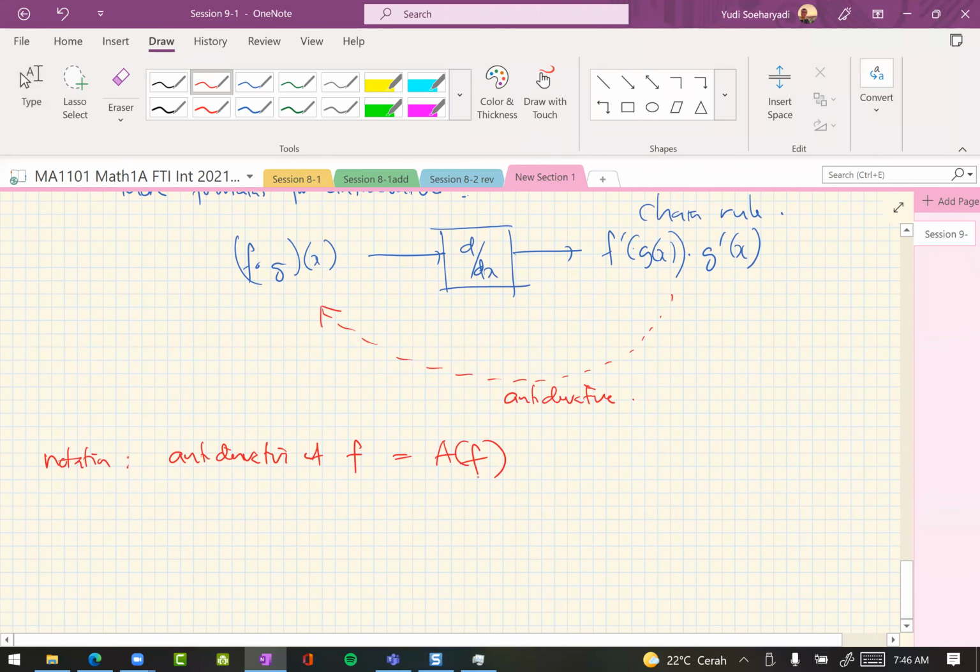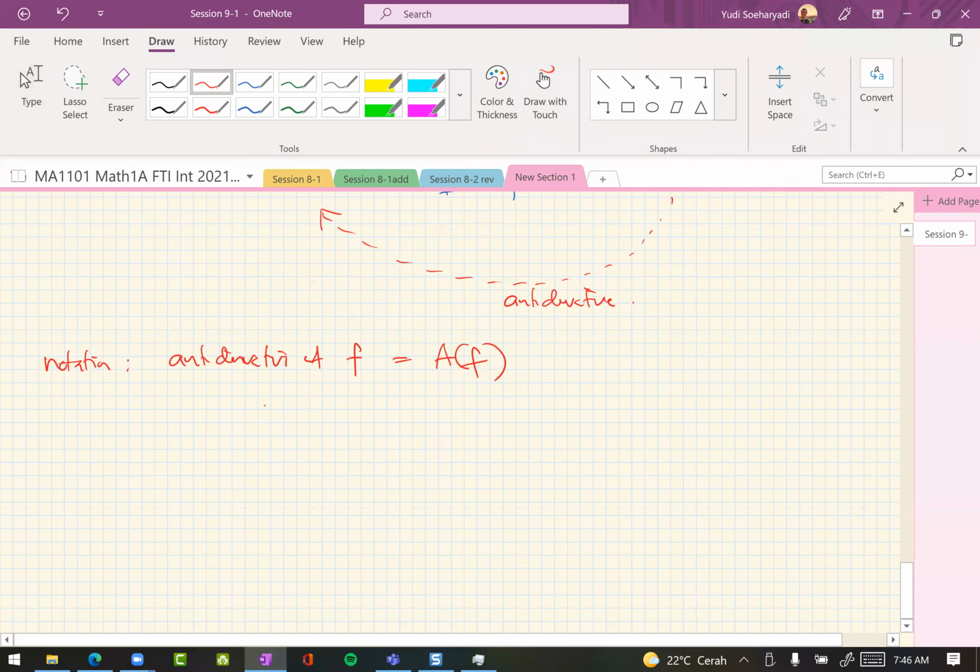So for example, the antiderivative of this formula is: increase the power by 1 and divide by the new power, plus this one, plus a constant if you like.